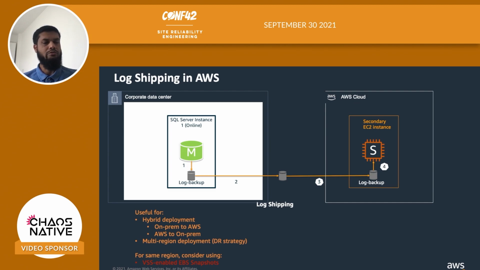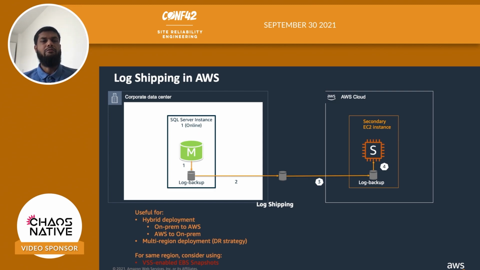Now this compute can be very minimal because all you're doing is restoring the data. So it doesn't demand the same amount of compute as the primary. Or you can have the primary sitting in an AWS EC2 instance, or you can copy the data back into on-premises if you like.